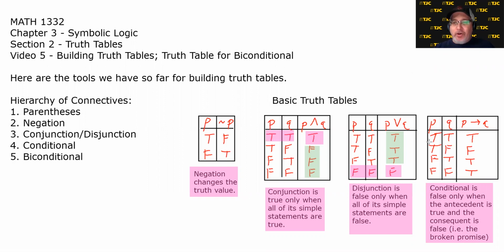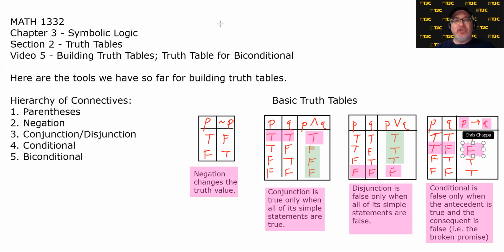The only row where a conditional is false is when the antecedent, the part to the left of the arrow, is true, but the consequent, the part to the right of the arrow, is false. That's your broken promise. That's when your if-then statement was a lie.